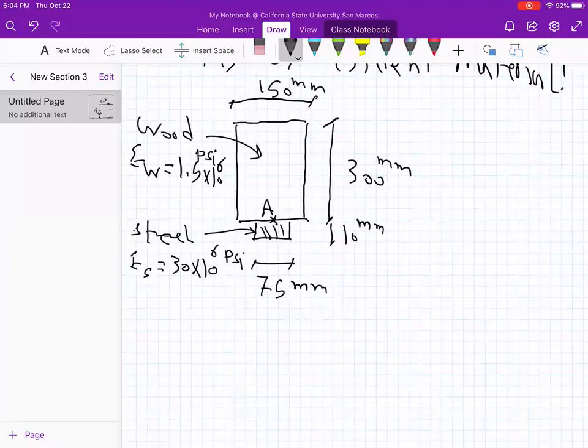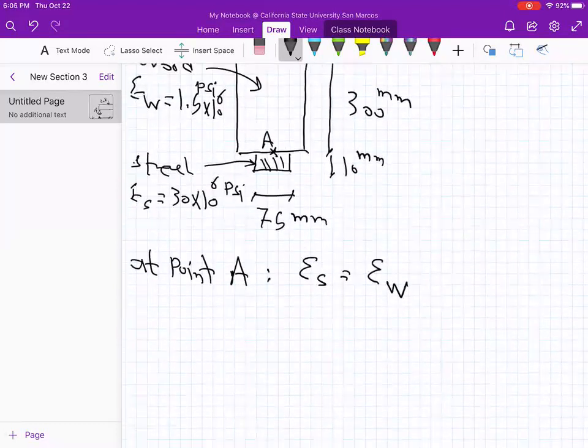Which means at point A, the strain is delta over L, if you remember the formula. The strain for steel and wood at point A, only at point A, would be equal, right?